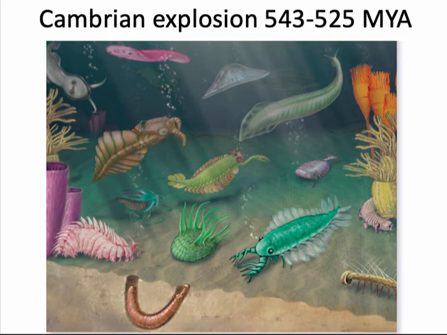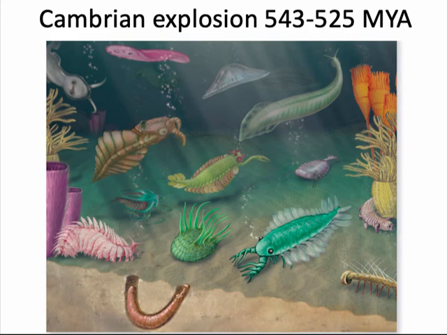And we start seeing in the Cambrian explosion that animals started to develop defenses, such as shells, to protect themselves from predators. We also see predators starting to evolve ways to overcome those defenses.